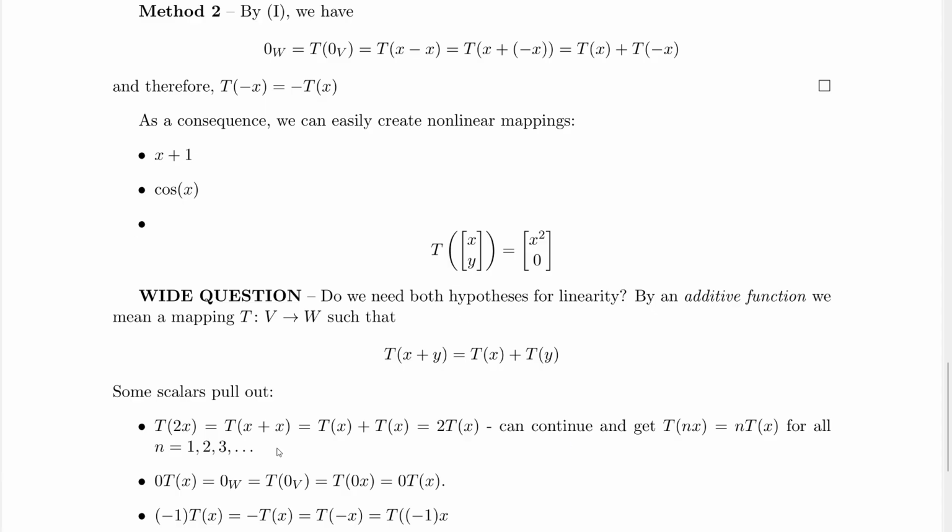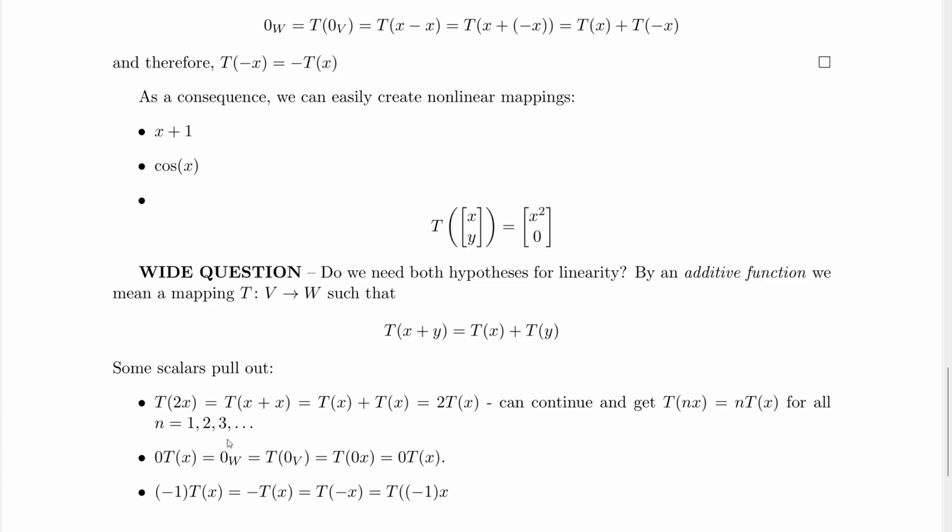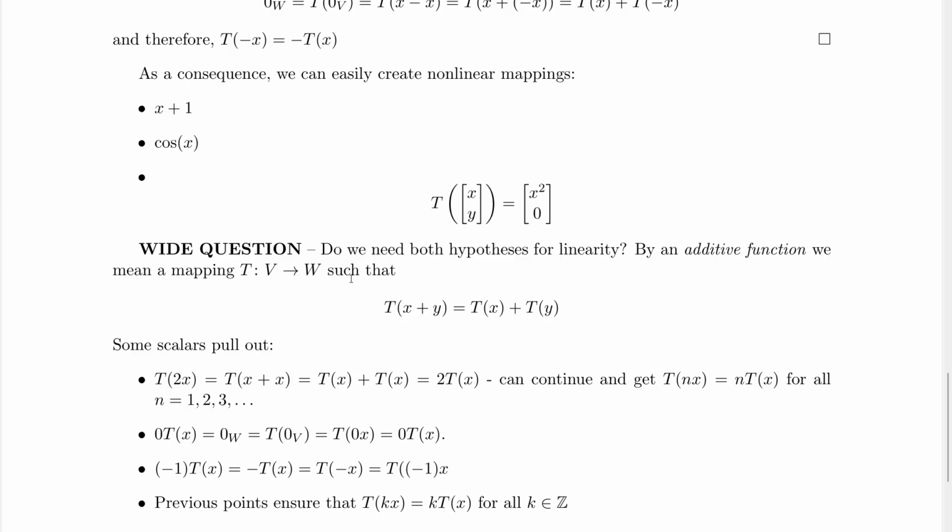So I know I can pull out all positive integers. I now know I can pull out 0, and I can pull out -1. And the previous points then would ensure that you can pull out any integer. We proved that all positive numbers get pulled out, we proved that you can pull out 0, and we proved that you can pull out -1.